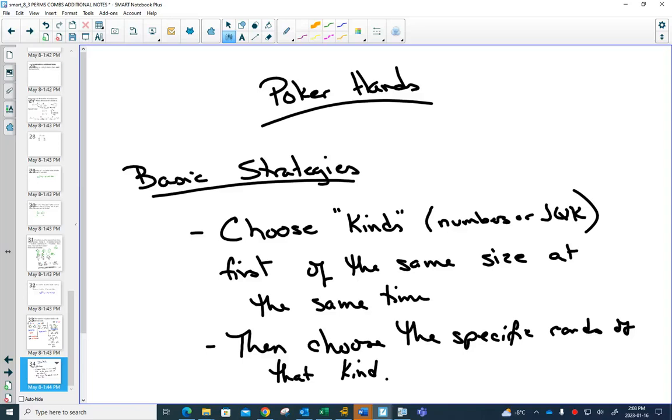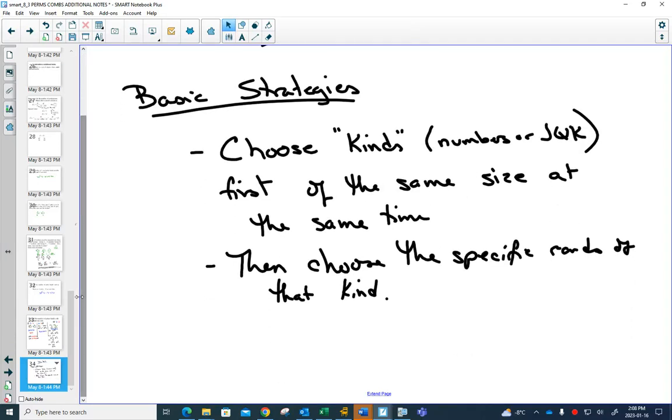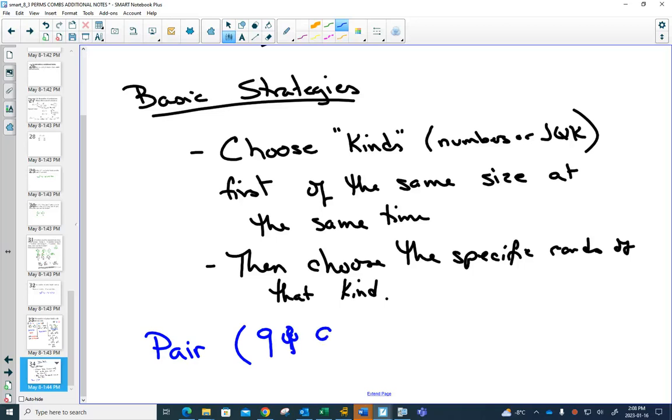What does that mean? We're going to start off with an example of getting one pair. An example of a poker hand with one pair was what I got at the beginning. I had 2 nines, 9 of clubs, 9 of diamonds, and then 3 other cards that aren't nines, so it could be 2 of hearts, jack of spades, and queen of clubs.